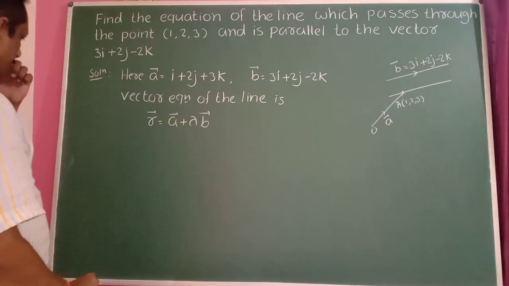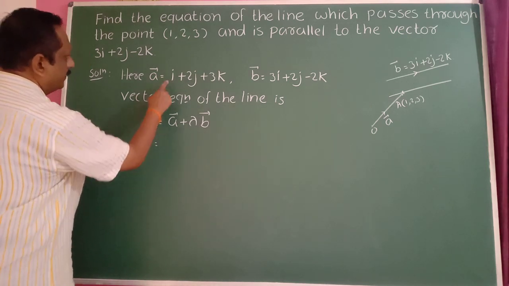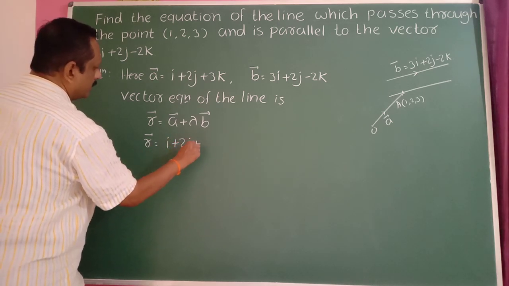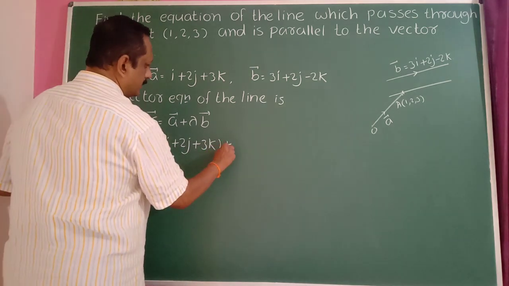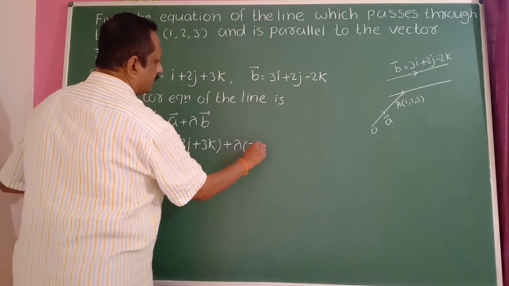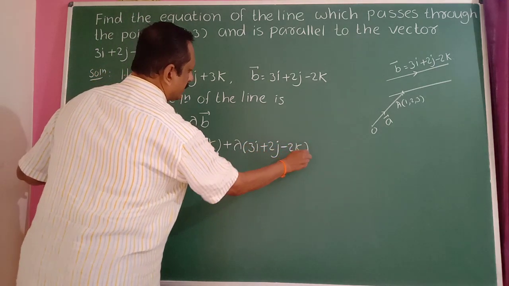Therefore r bar is equal to, a bar is i plus 2j plus 3k, plus lambda into the vector 3i plus 2j minus 2k.